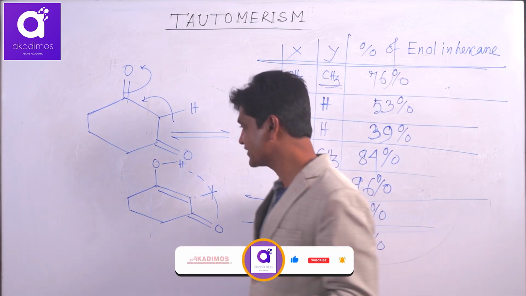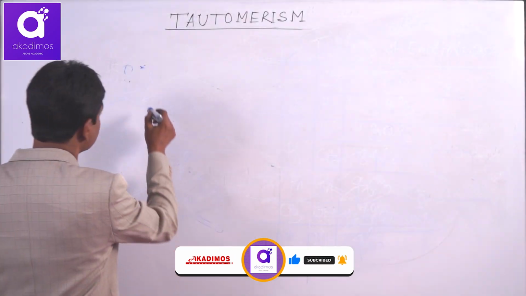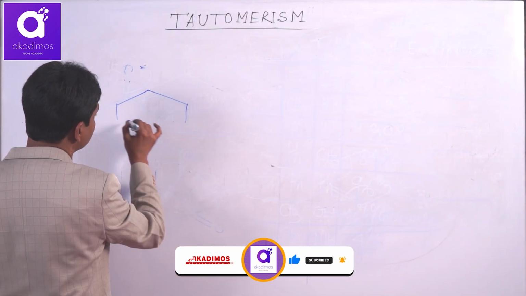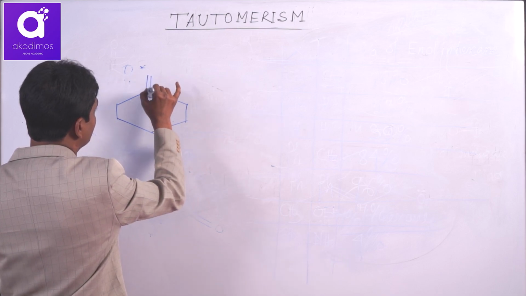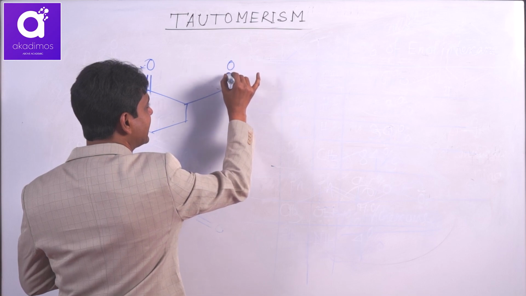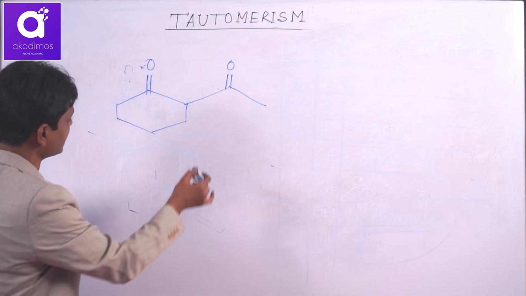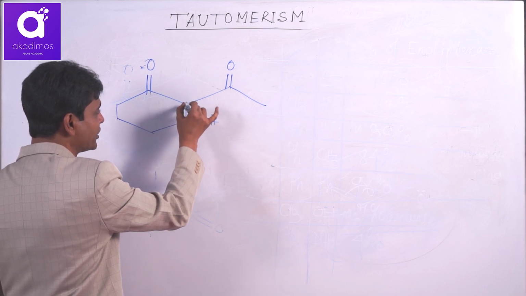Remember it. But when your example is this, one part is in the ring, one double bond O is in the ring, and another is in the exo part of the ring. Here we get the same phenomenon like open chain.